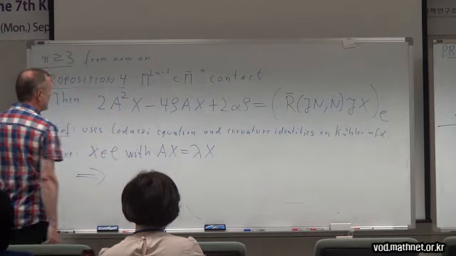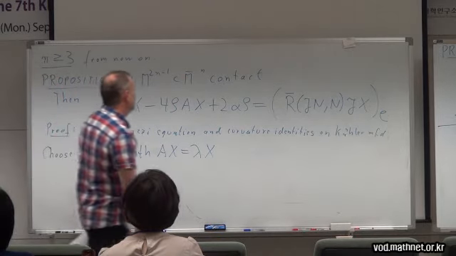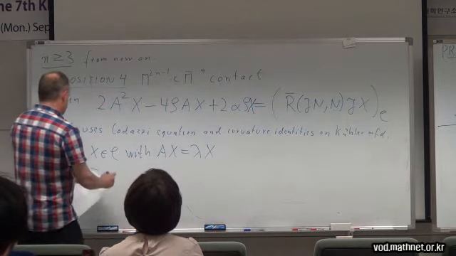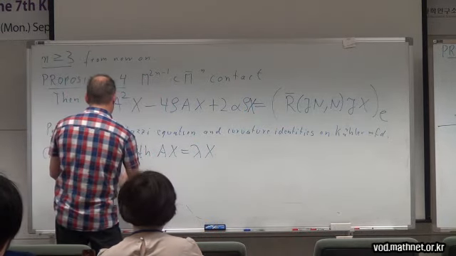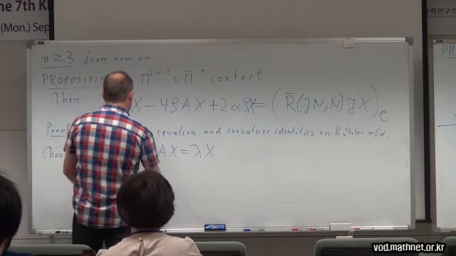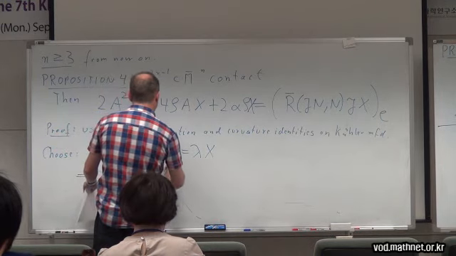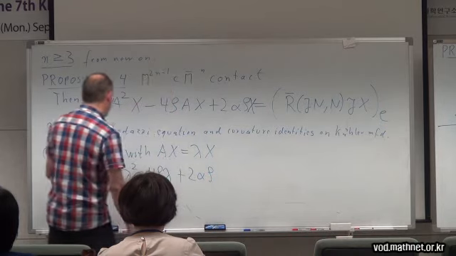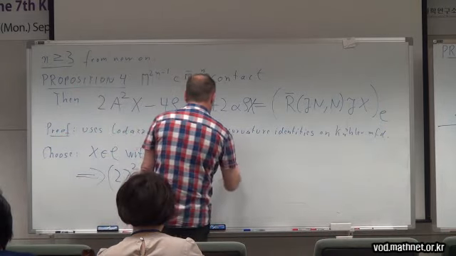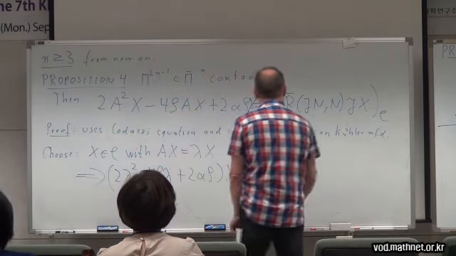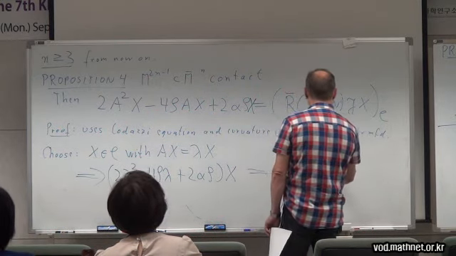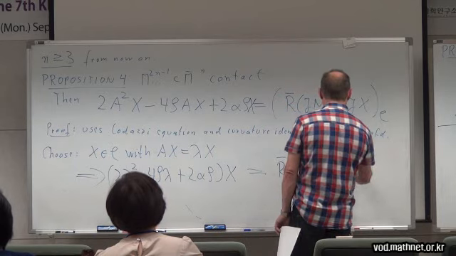This tells us that 2 lambda squared minus 4 rho lambda plus 2 alpha rho times x is equal to this expression, this curvature expression.